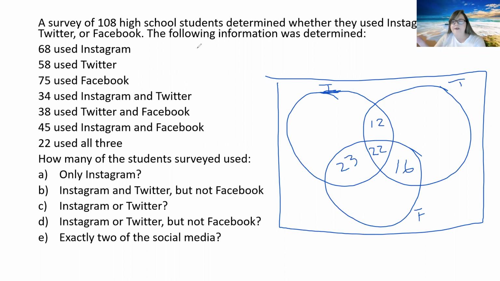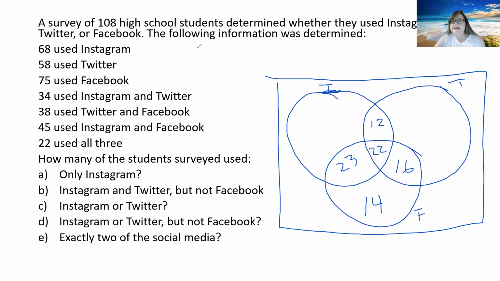All right, 75 used Facebook. Well, I've already got 23 plus 22, that's 45, plus 16 is 61. 61 out of 75 leaves 14 over here. See what I'm doing? Let's do it again with Twitter. 58 people use Twitter.